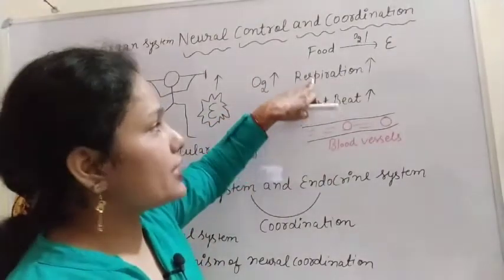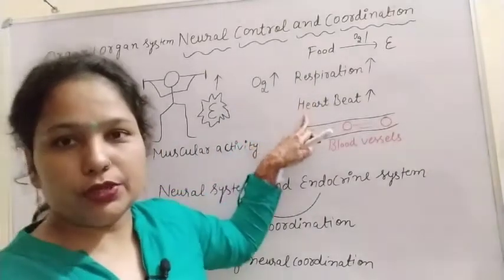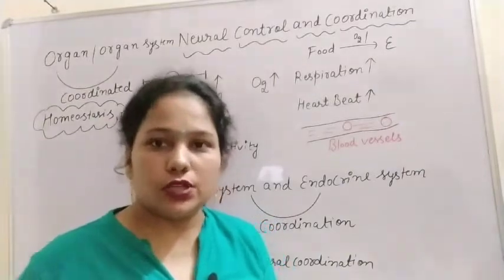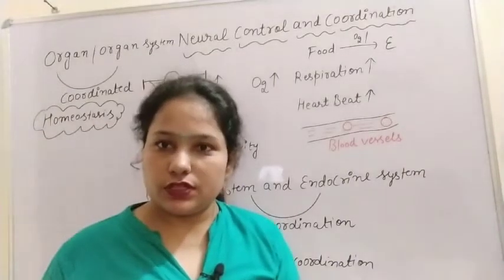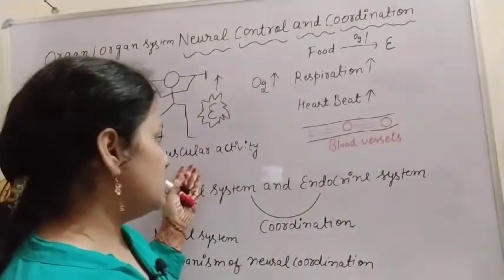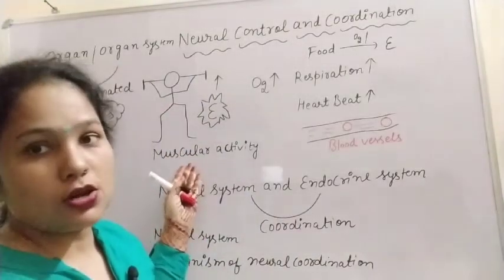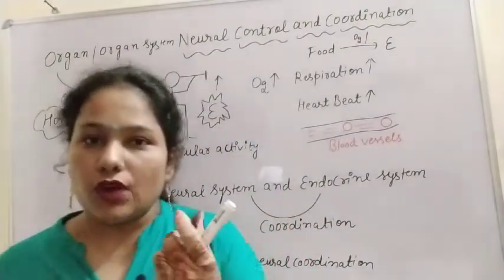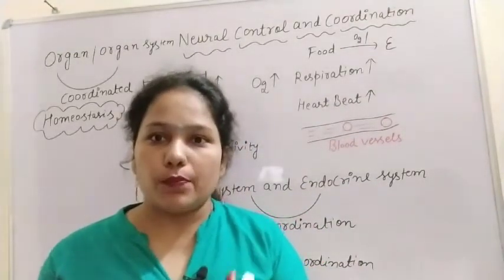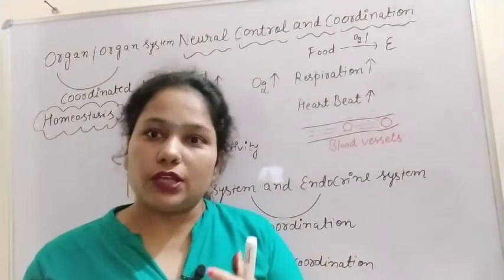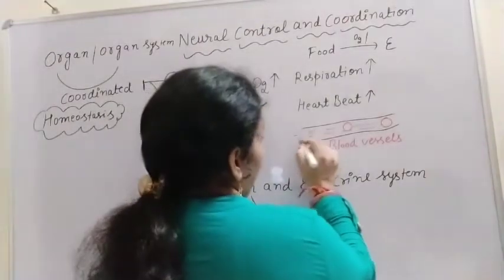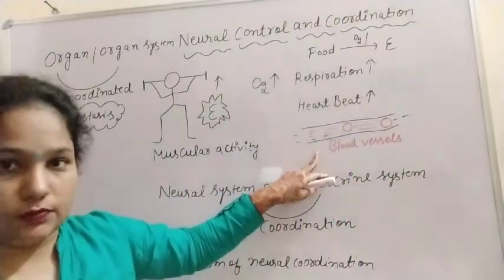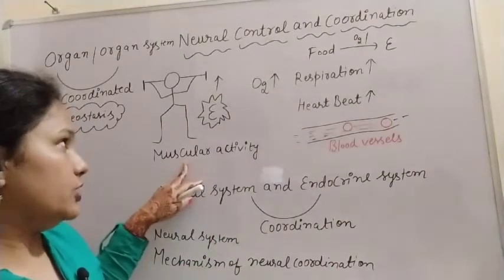And if the rate of respiration increases, then the heartbeat also increases, because the heart has to supply blood at a fast rate to different organs like our muscles, because the muscles have to do the muscular work. If the heartbeat increases, the heart pumps more blood into the blood vessels, and the flow of blood in the blood vessels is also increased when we are doing muscular activity.